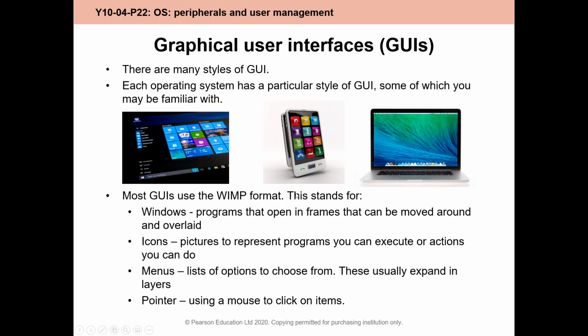This is what a graphical user interface looks like. It's not just Windows. It could be something like Android or iOS or Mac OS. Most GUIs, graphical user interfaces, use a window, icon, menu, and pointer format, as in each program is in a window, each program has an icon, each program has a menu, and you use a pointer to use it.